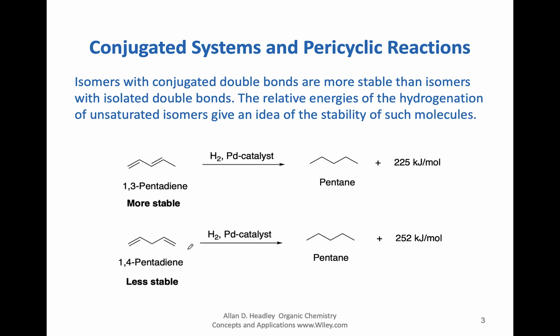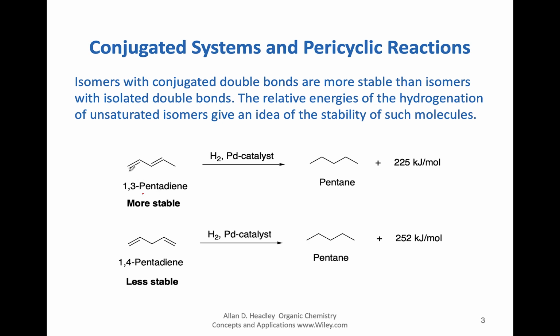Okay, let us look at energy of reactions. What's so special about compounds that contain conjugated double bonds? They're more stable. But let us design an experiment to prove and demonstrate that they are in fact more stable. So let us look at what's shown here. So here we have a 1,3-butadiene.